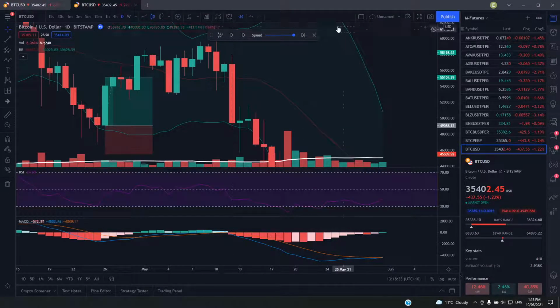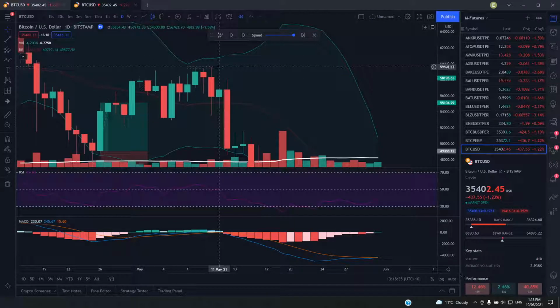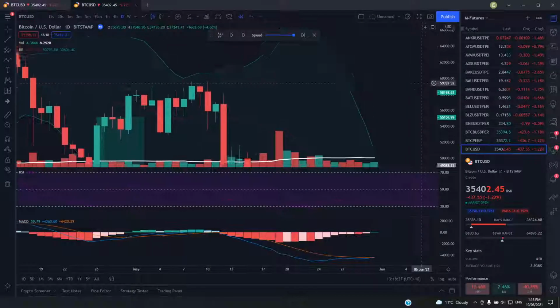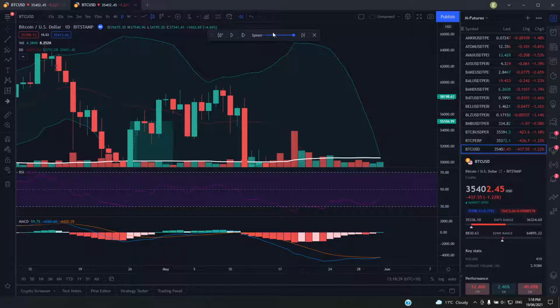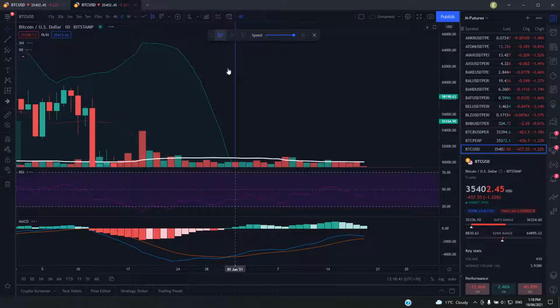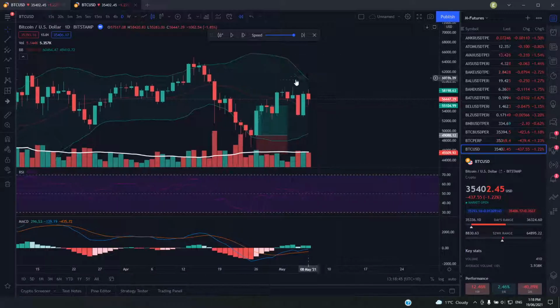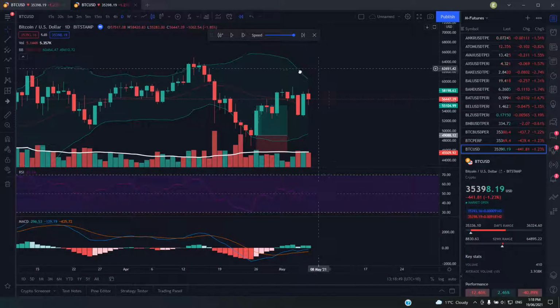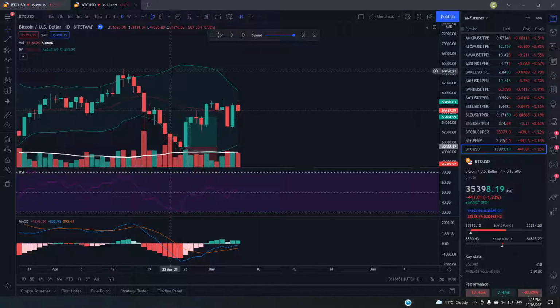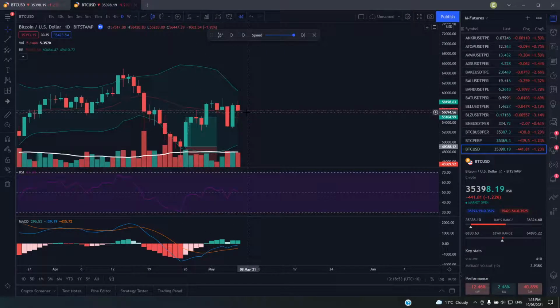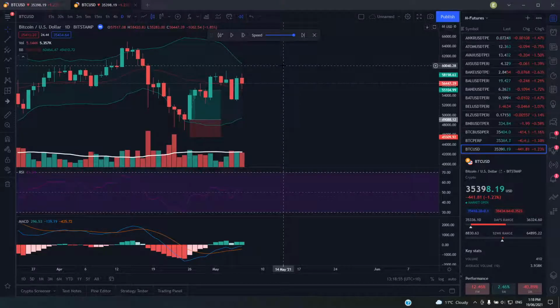Okay, so we don't see it riding. Now look, what we do see, if I bring this back, we see the Bollinger Band coming down. The top band is coming down whilst the price is coming up. What does it tell us?